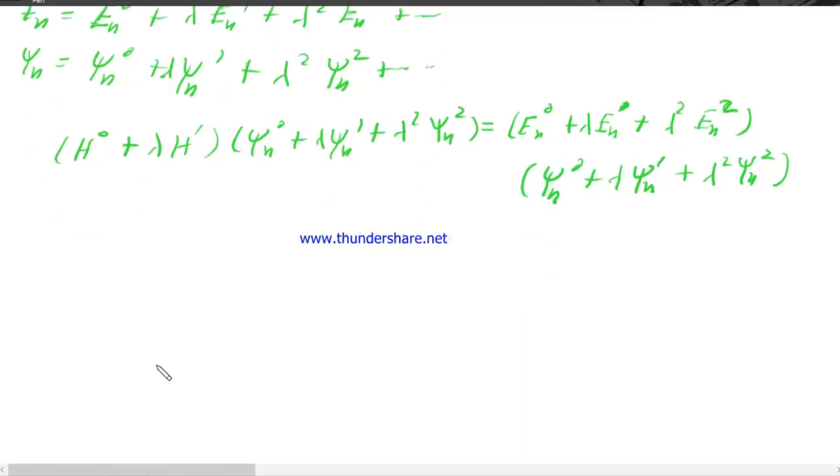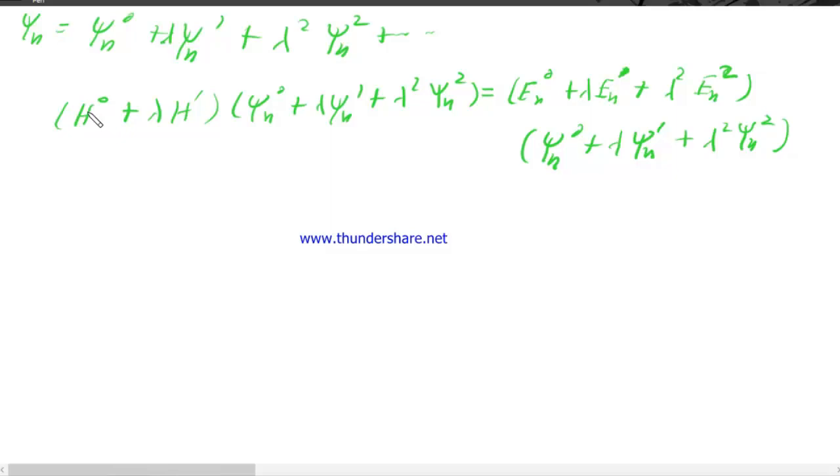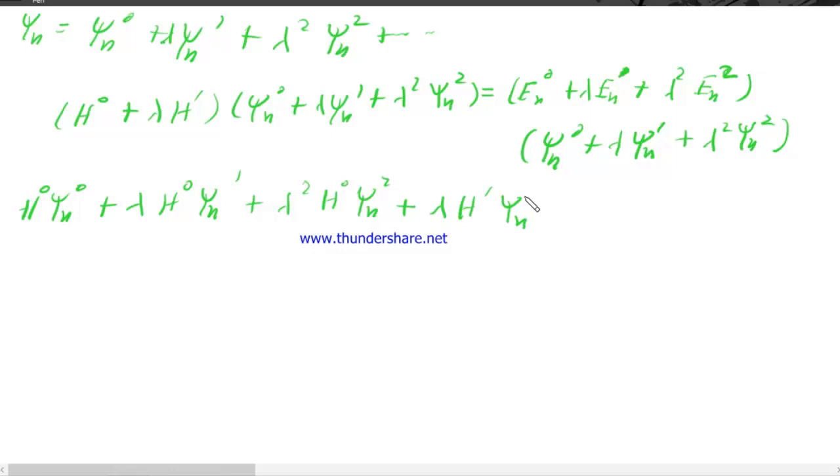Now we can simplify these equations. First we multiply H0 to all these terms: H0 psi_n0 plus lambda H0 psi_n1 plus lambda squared H0 psi_n2, plus we multiply H' to all these terms: lambda H' psi_n0 plus lambda squared H' psi_n1.